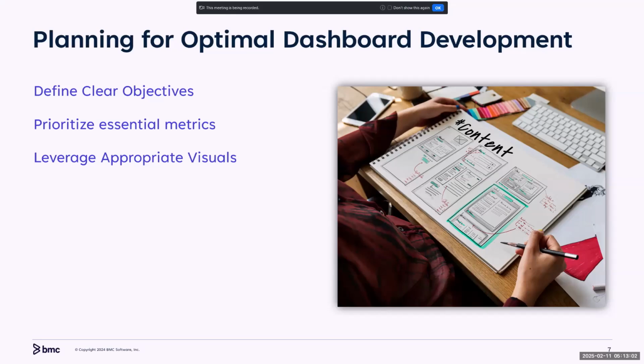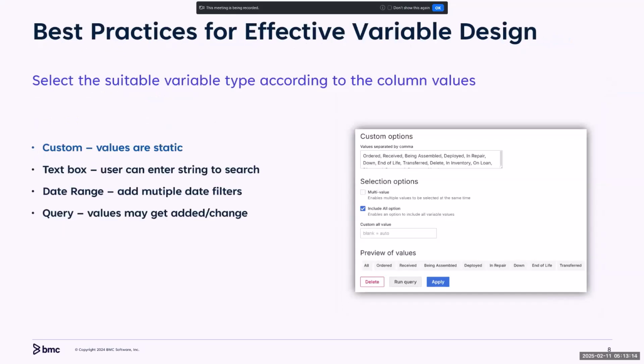So once we are done with these steps of planning, we need to first create the variables. So let's talk about the best practices of effective variable design. In this stage, the first step is choosing the appropriate variable type.